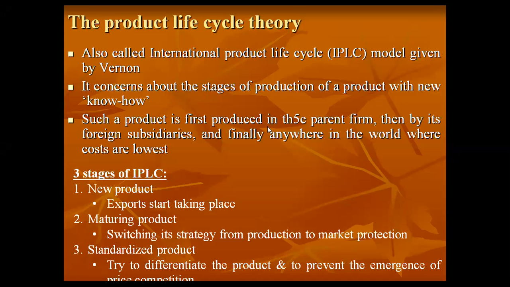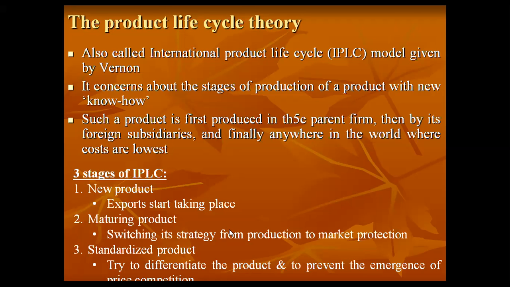International product life cycle theory consists of 4 stages. Here, the stages are given as new product introduction, the first stage, growth, the second stage, maturing product, the third stage, and declining stage, or otherwise new product, maturing, standardized product.